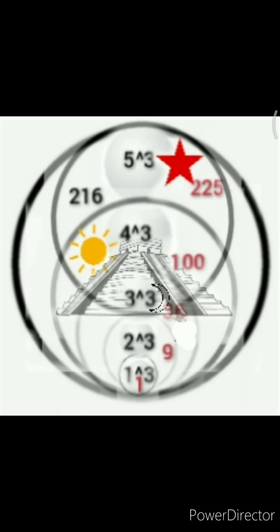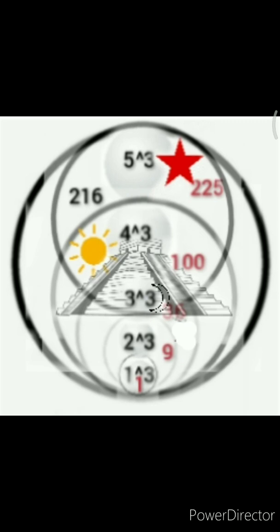From Hermes, the term hermaphrodite, meaning androgynous creature, originated from the combination of Hermes and Aphrodite. So this is Hermes, this is Aphrodite, and Aphrodite is the equivalent of Venus in Western philosophy and Shukra in Hindu philosophy.